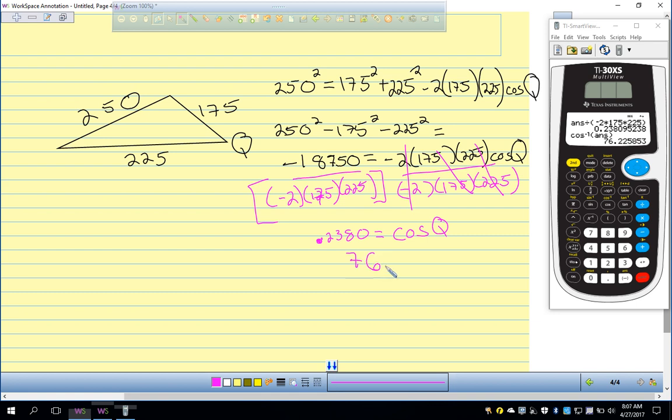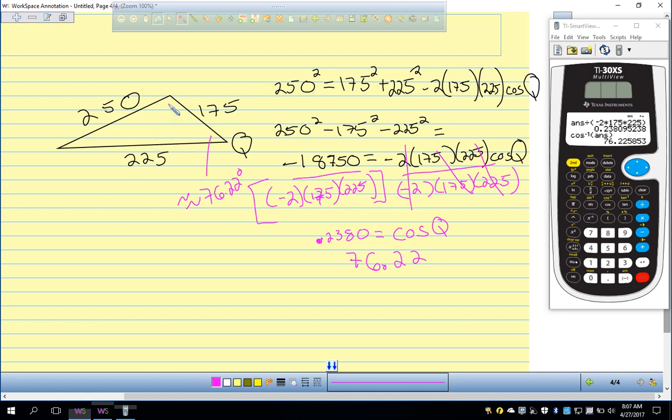If you get an error or something, you know you did something wrong, okay? So this is approximately equal to 76.22 degrees.